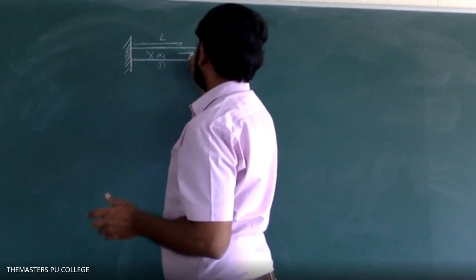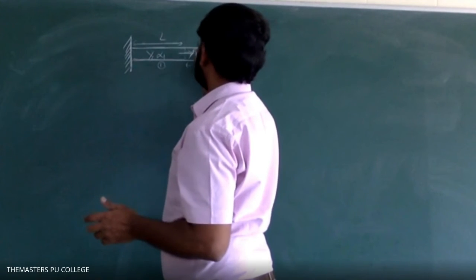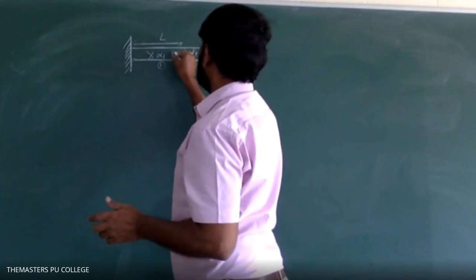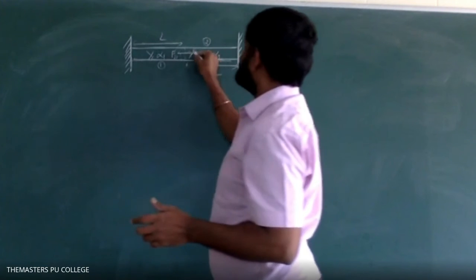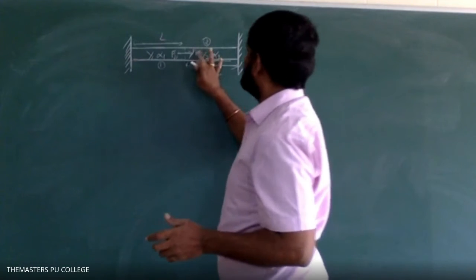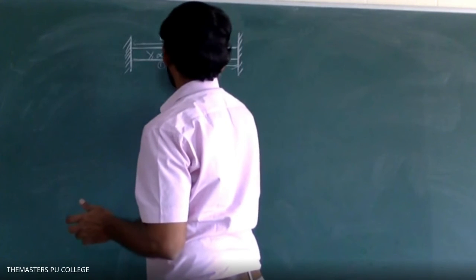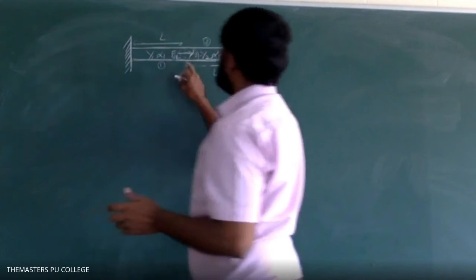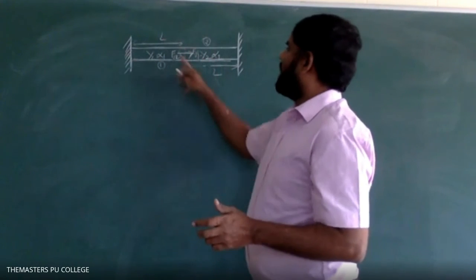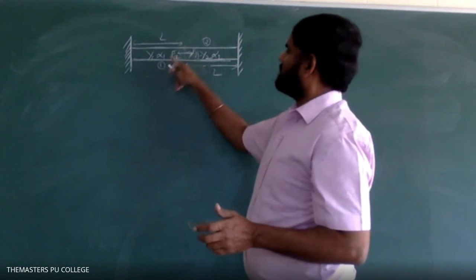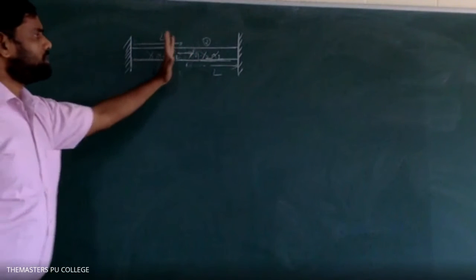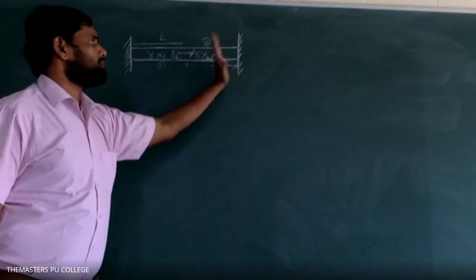Let F21 be the force on the second rod due to the first one, and F12 the force on the first rod due to the second one. If F21 is more, the junction will be displaced towards the right.